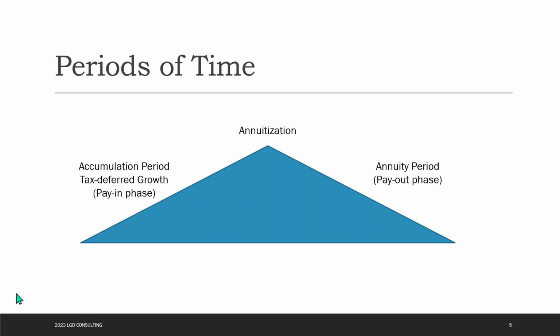It's where you stop paying in and now you're going to start taking money out in payments. And so when you're taking the money out in payments, that's called the annuity period. It's the payout phase. So simply put, you're saving up money to accumulate a lump sum to a later date like retirement, and then you're going to liquidate it by taking payments to supplement your retirement. Not in all cases, but in general, that's how you want to understand it.